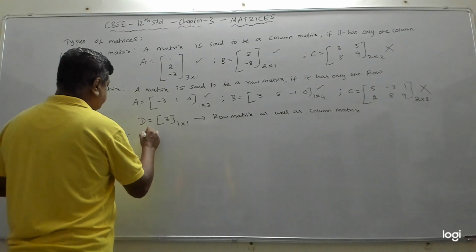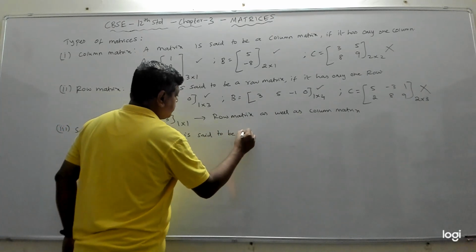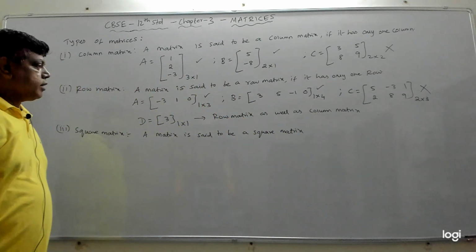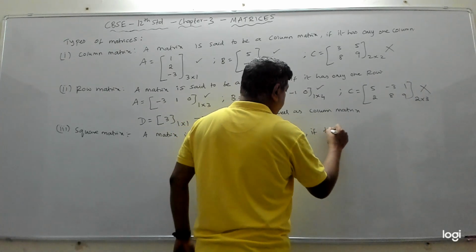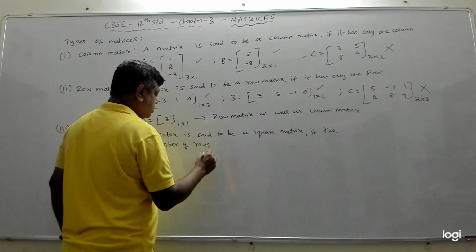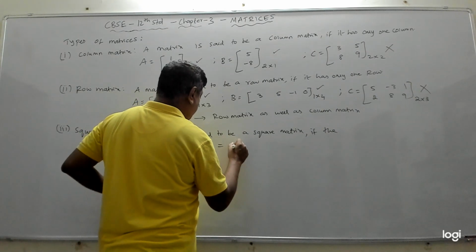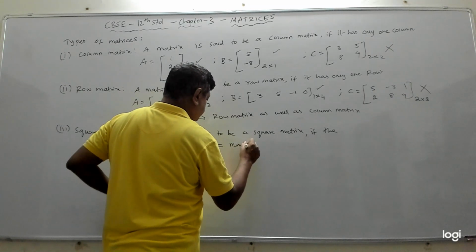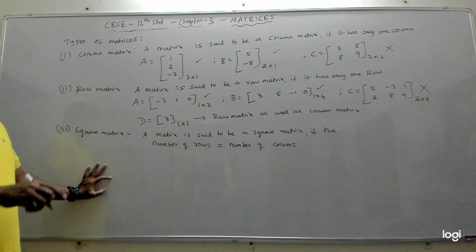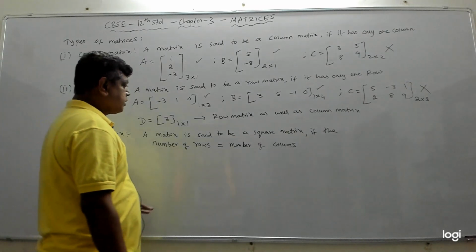A matrix is said to be a square matrix if the number of rows of the matrix is equal to the number of columns of the matrix.